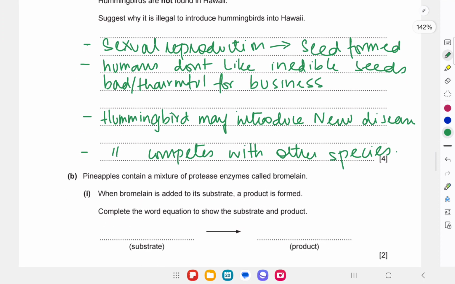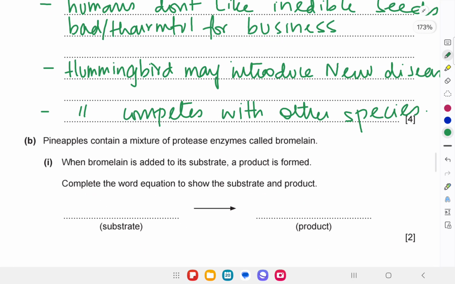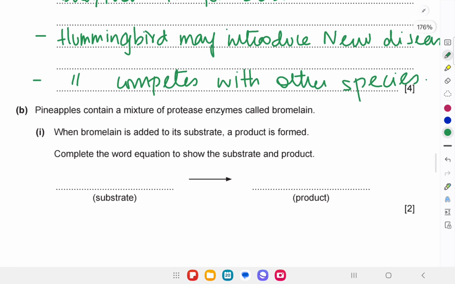Okay. So part B says pineapple contains a mixture of protease enzymes called bromelain. When bromelain is added to its substrate, a product is formed. Complete the word equation to show the substrate and the product.